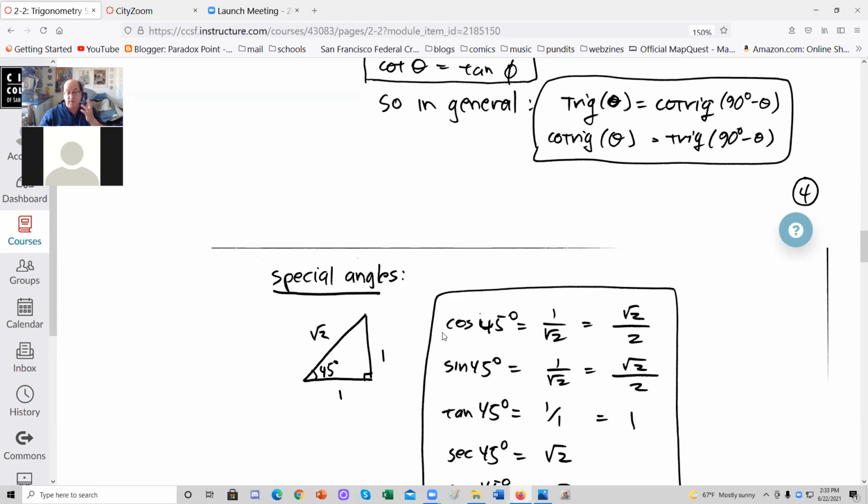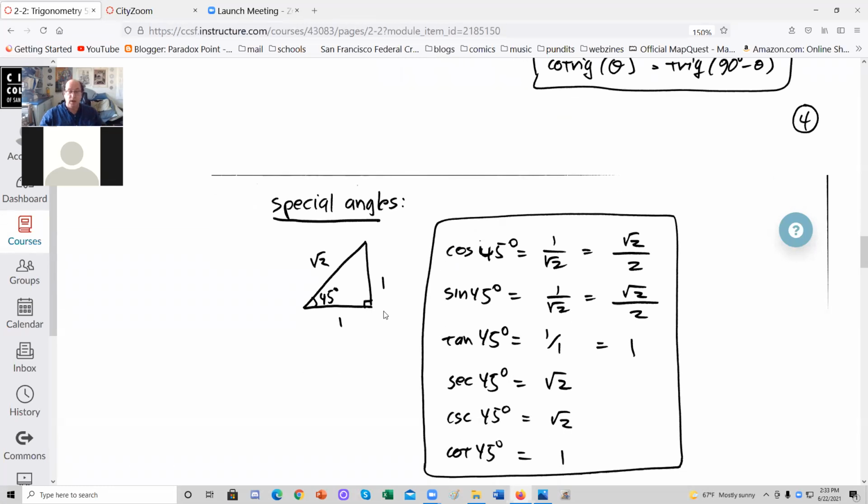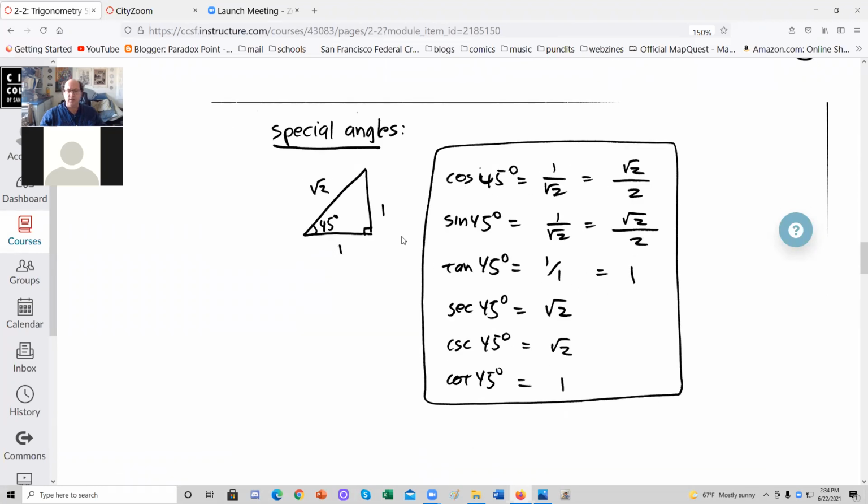And then we can read off trig functions quite directly. Cosine is adjacent over hypotenuse, 1 over root 2, which you can rewrite as root 2 over 2. Sine is opposite over hypotenuse, 1 over root 2, again root 2 over 2. Tangent of 45 degrees is opposite over adjacent, 1 over 1, which is 1.